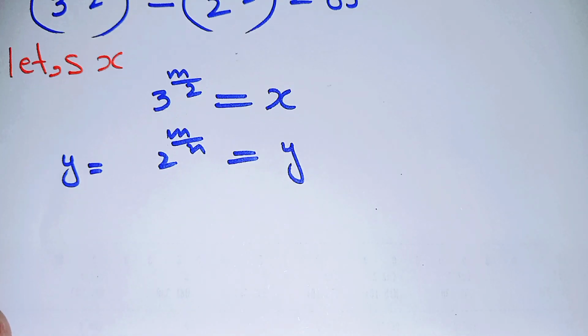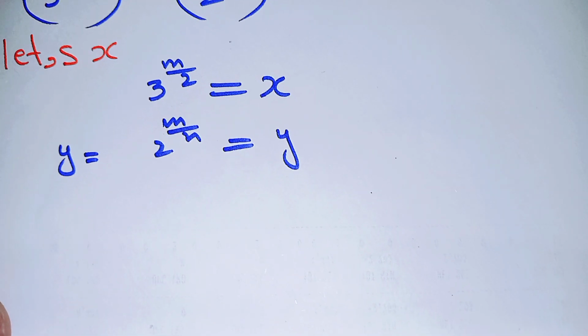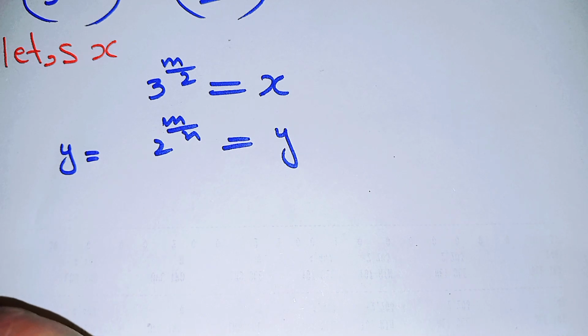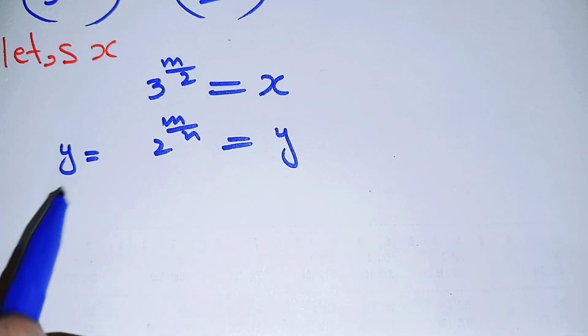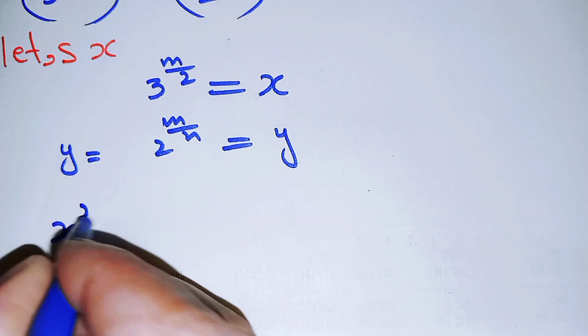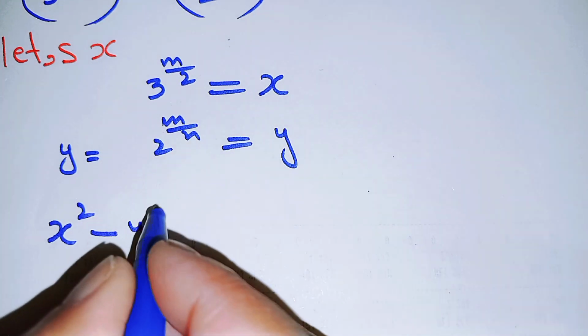Now we substitute the values, and it can be written as x square minus y square.